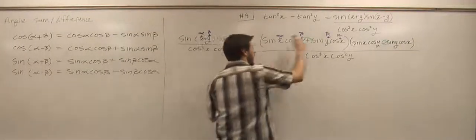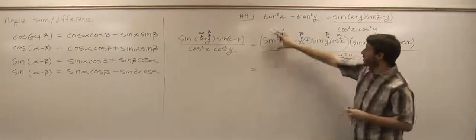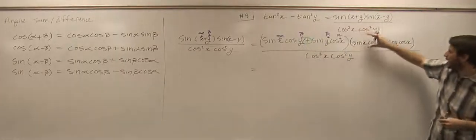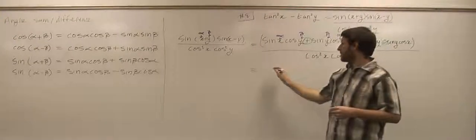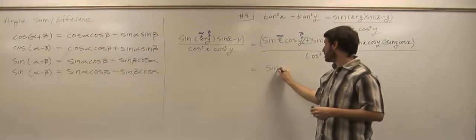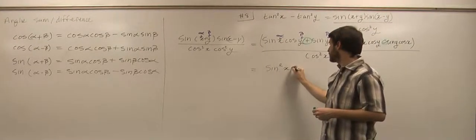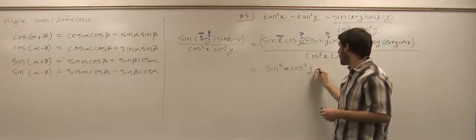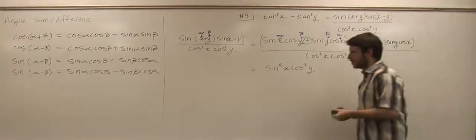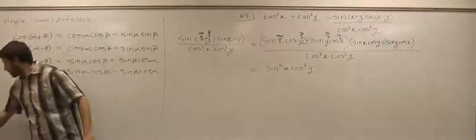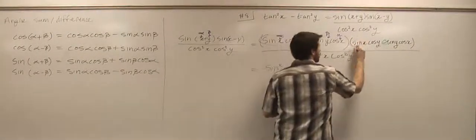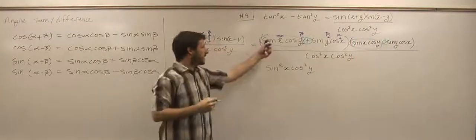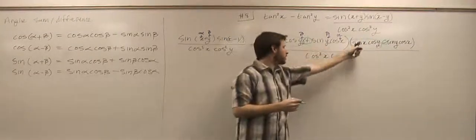So when you actually FOIL this out, you take sine x cos y times sine x cos y, which is what? Sine squared x cos squared y. And you do this guy times this guy: sine times sine, sine squared, cos times cos, cos squared.